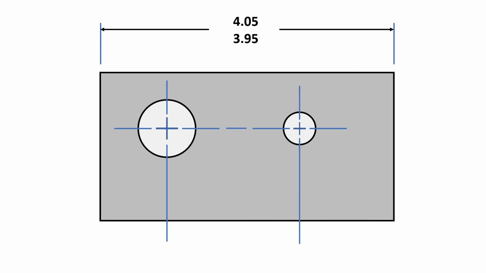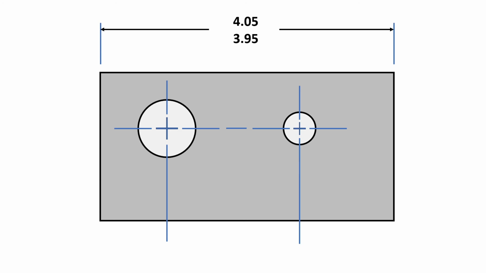But what I'm going to do is say, okay, there is a 100 thou tolerance, but I'm going to tell you the largest size you can make this and the smallest size, because I could say it's got a 100 thou tolerance, and you could come back and say, well, I made it at 4.1. That's 100 thou. If I don't tell you that it can be 100 thou, but it can only be 50 thou one way or the other, that's got to be clear to you, right?